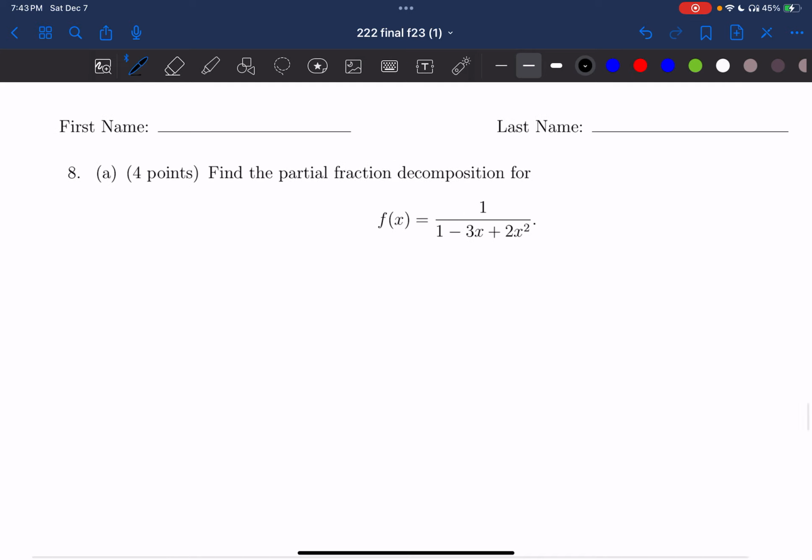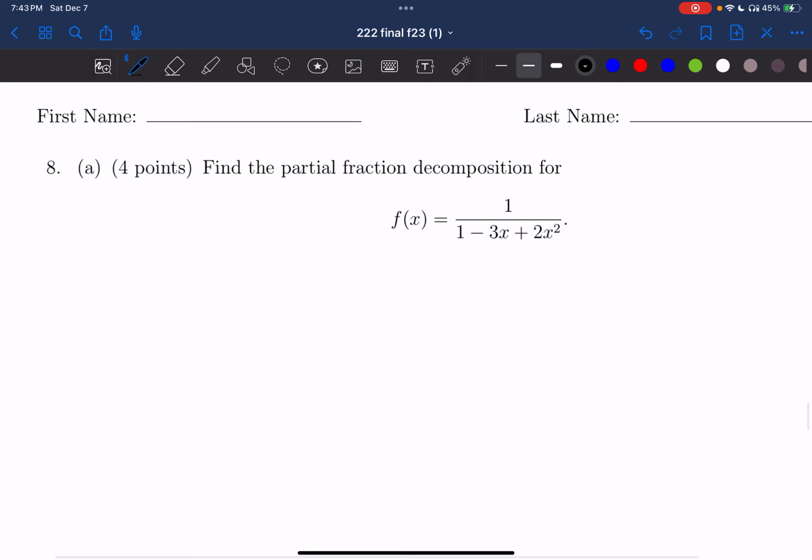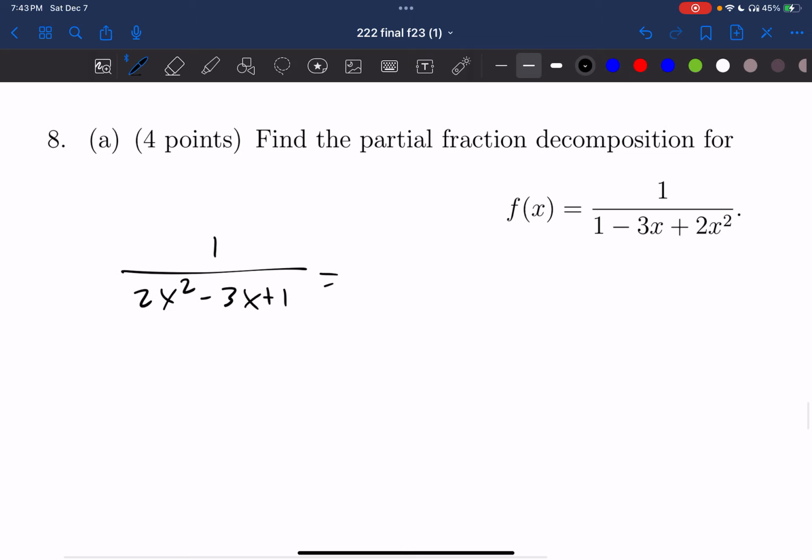Okay, find the partial fraction decomposition for this. So for this, let's just write it in the form that we know of, where the highest power comes first, 2x squared minus 3x plus 1. Okay, now we need to solve this. How do we solve this? Let me think. Two terms that multiply to give you the first coefficient, but add up to become the middle.